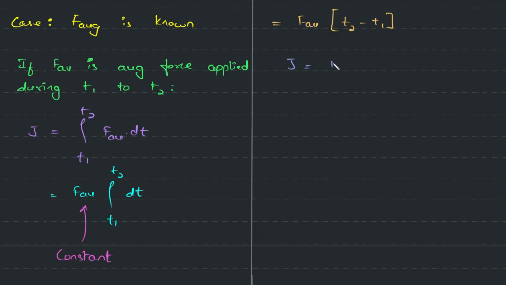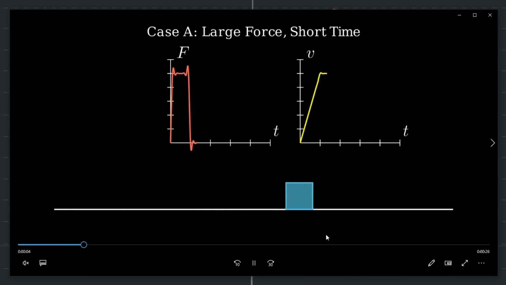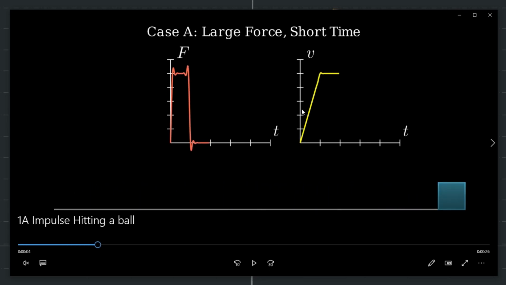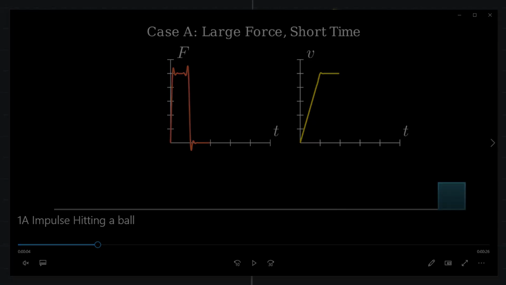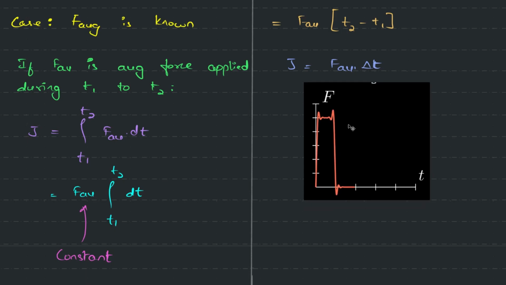So impulse is equal to F_AV times delta t. It's kind of common sense, right? We have seen impulse in action. So we have seen this, right? So if I know this average somewhere over here, if we happen to know this value, it is approximately somewhere over here itself.